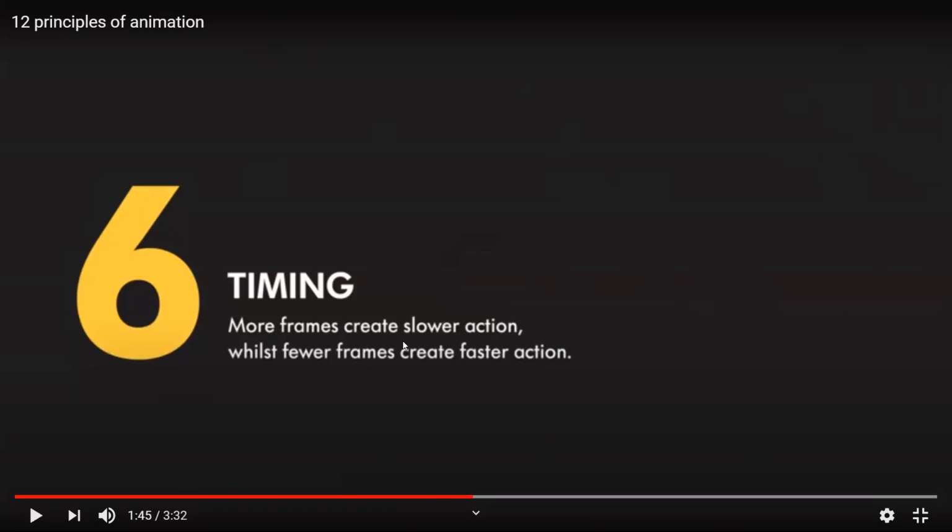Timing. More frames create slower action, whereas fewer frames create faster action. Timing creates emotions in the animation. For example, just imagine you're working in your room, the door is closed.